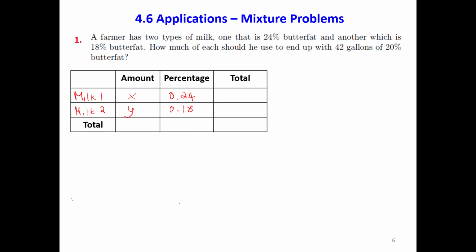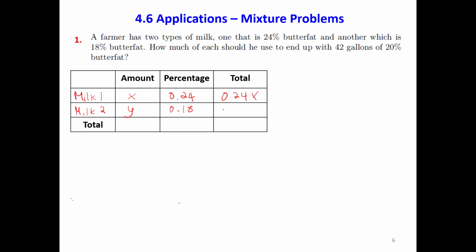Then now, to get the total amount of butter fat, for milk 1 we need to multiply 0.2 times X. Always we multiply these two columns to get the last one.